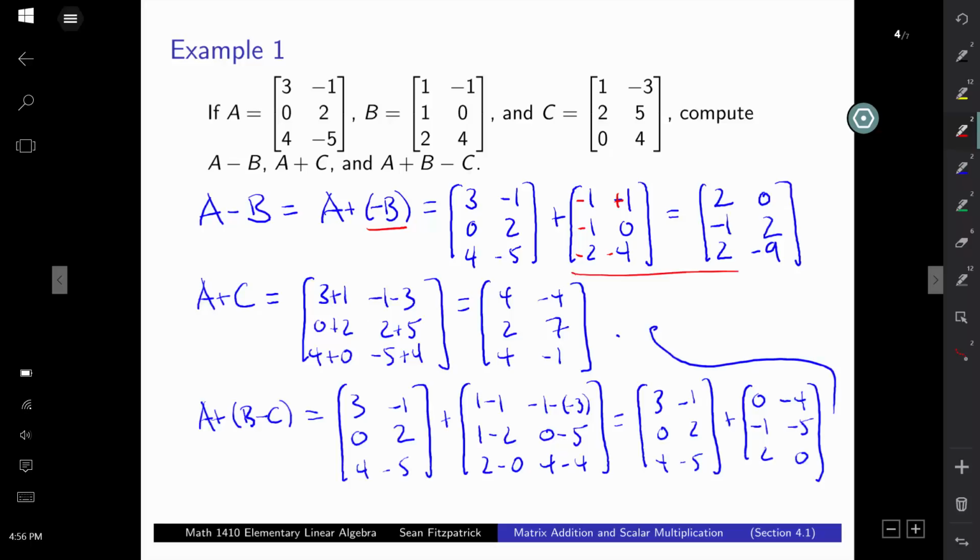So let's kind of wall things off. I'm going to get 3 plus 0, 3, minus 1 minus 4, minus 5, 0 minus 1, 2 minus 5 is minus 3, 4 plus 2 is 6, minus 5 plus 0, minus 5. Okay, so far so good.